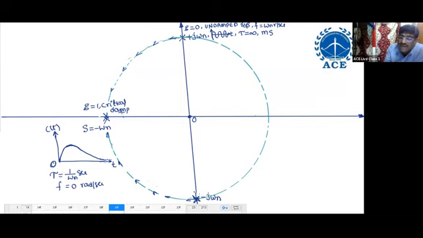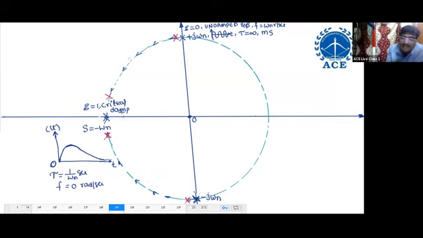When zeta is greater than 0 and less than 1, the poles lie midway along this semicircle. If zeta is 0.1, the poles are placed very close to the imaginary axis. If zeta is 0.9, the poles are very close to the real axis.